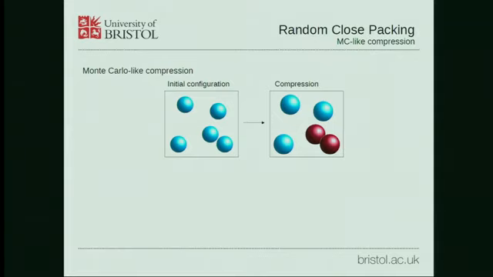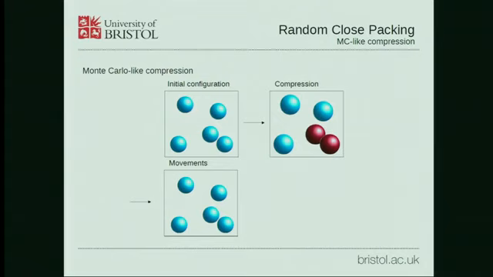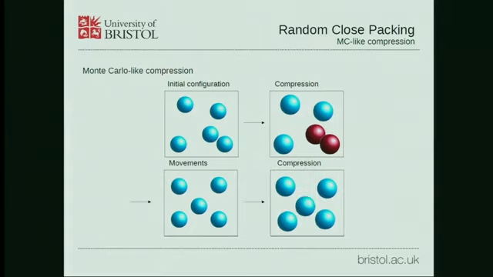In this case, we compress the system. If we have an overlap, we go back to the previous configuration where we didn't have this overlap. We move the particles again, and then we compress. We could keep doing this until we can't anymore.